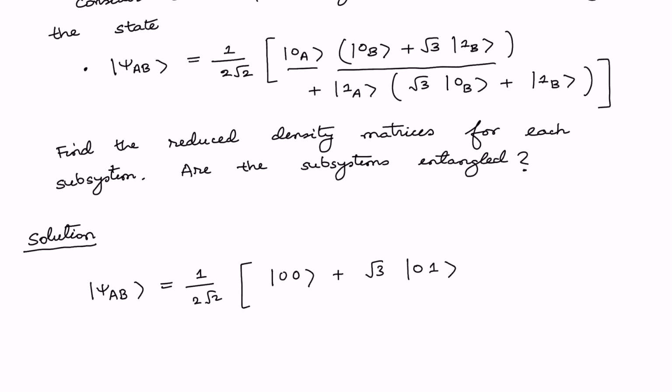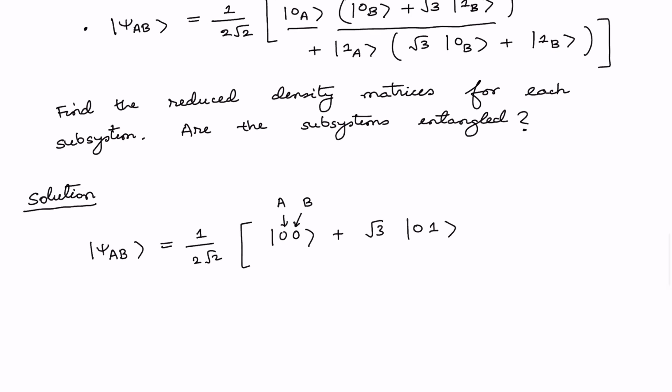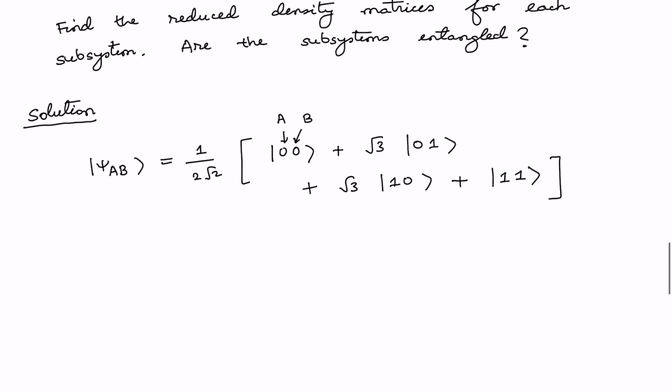As usual, the first element belongs to subsystem A and the second one belongs to subsystem B, and so on. And then from the second term here, I am going to get root 3 |10> plus |11>. So this is my state vector corresponding to the composite system A and B.